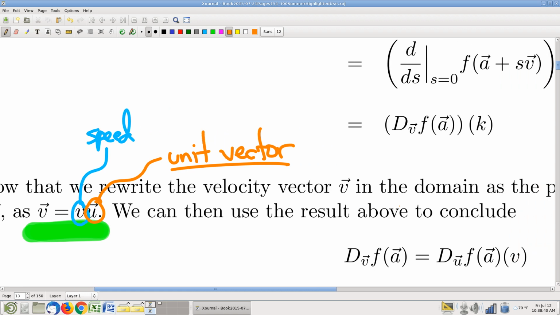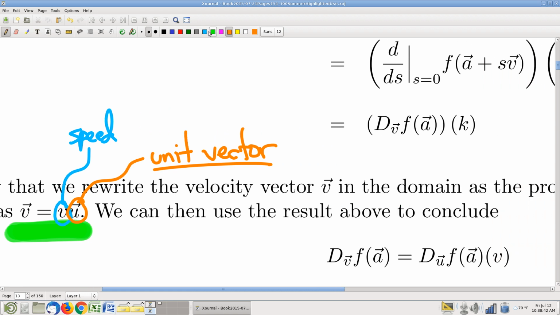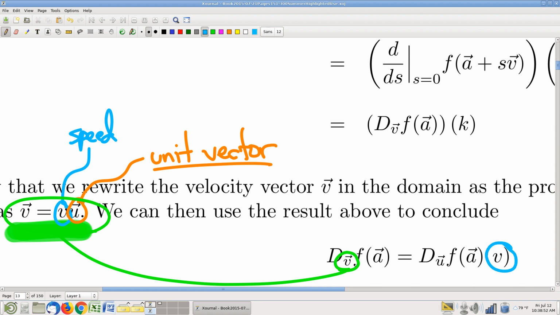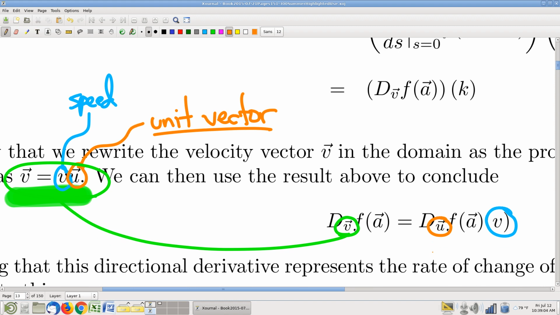So let's just write that down. Here's our velocity vector. It's got this scalar factor of speed. Let's factor out that scalar factor of speed. What remains is just the unit vector u, pointing in the direction that we're moving. And we have this as our conclusion. So here, all I've done in this formula is factor speed out of a directional derivative.